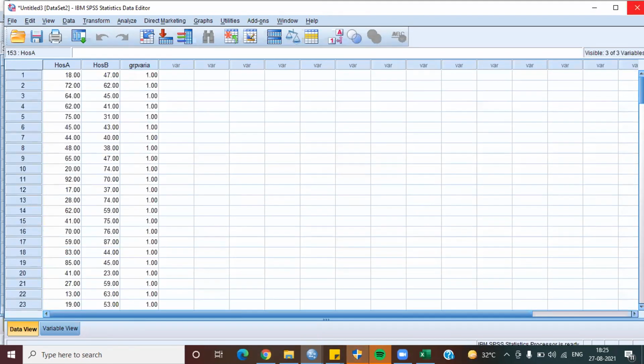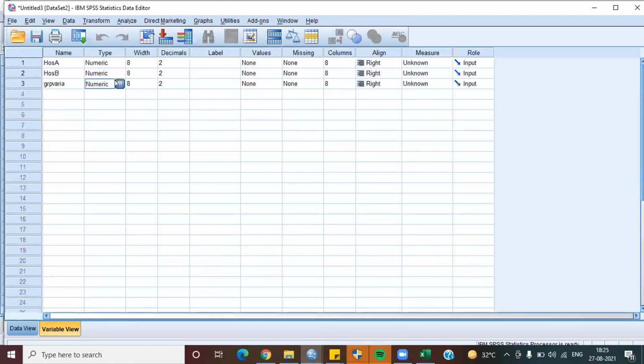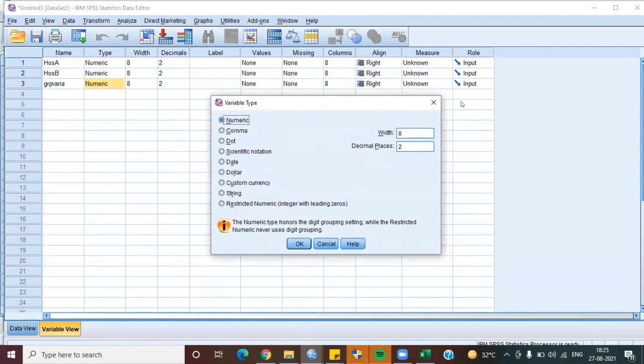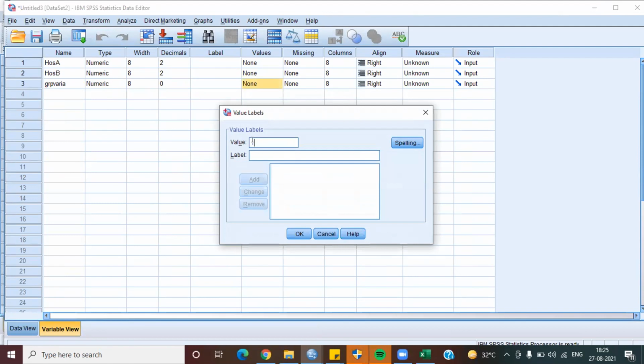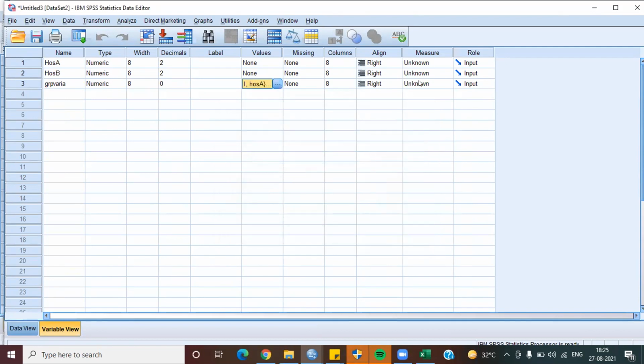For that purpose, in variable view, the group variable is a numeric value without any decimal, a discrete number. Here you have to provide the values to the variable: 1 is for hospital A and 2 is for hospital B, and this is a nominal variable.